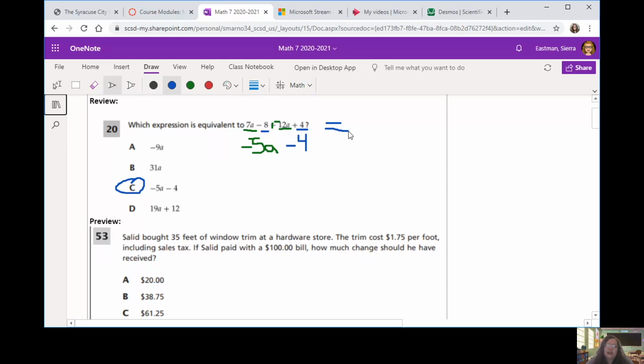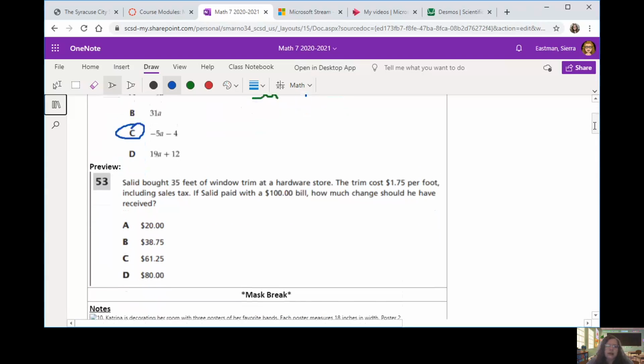Figured out what this whole thing was equal to if a is 5, and then figured out what all of these are equal to if a is 5 to find the one that matches. I won't do that now. We're going to practice that with a couple of different questions. So that was just a little bit of a review from last lesson.